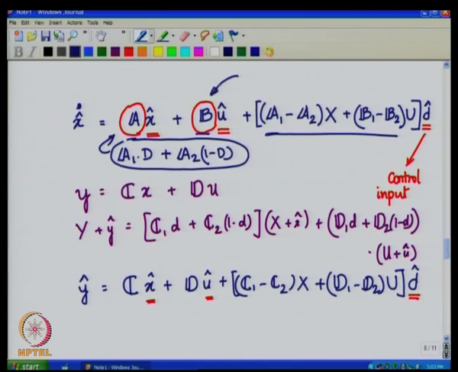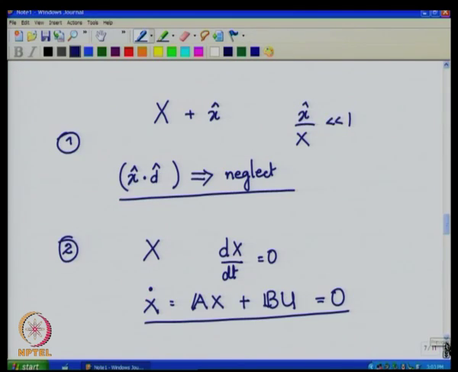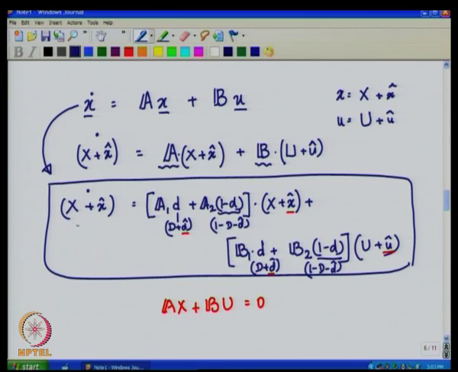Likewise, here also you have B1 into uppercase D plus B2 into 1 minus uppercase D. So, that would be the expanded form of this, having come from the simplification of this equation.